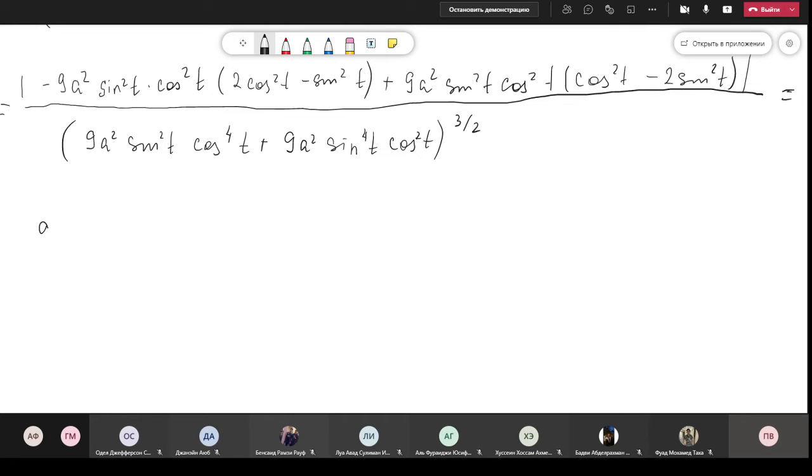And I have 9a squared sine squared times cosine squared. And modulus of what? Minus 2 cosine squared, minus sine squared. With minus, we have minus 2 cosine squared, and minus gives us plus sine squared. Minus 2 cosine squared plus sine squared.